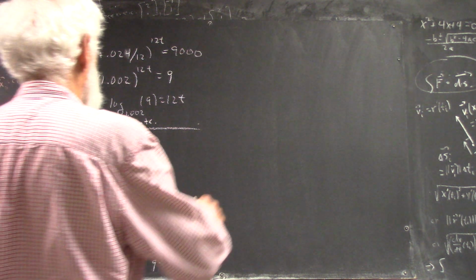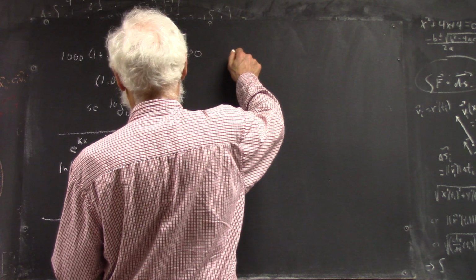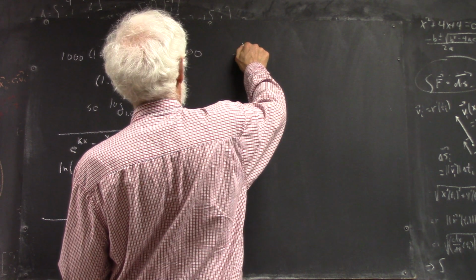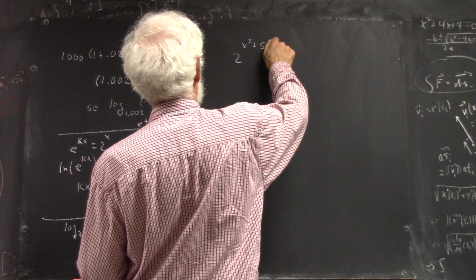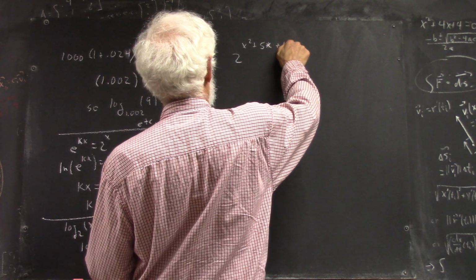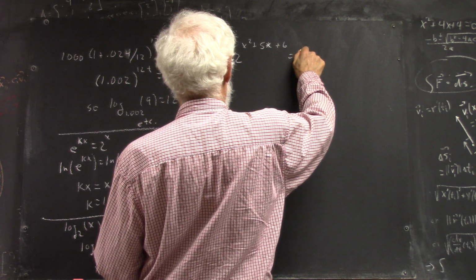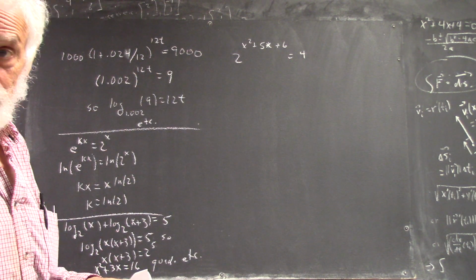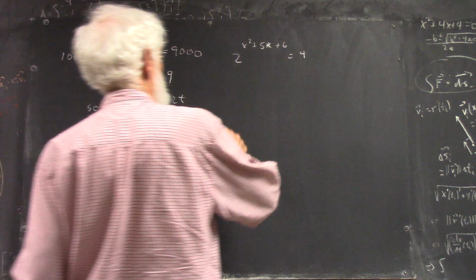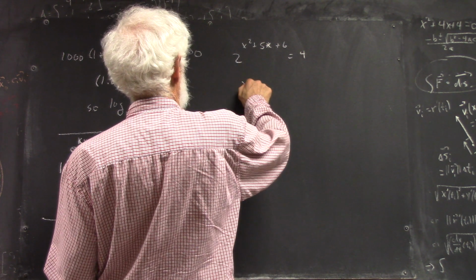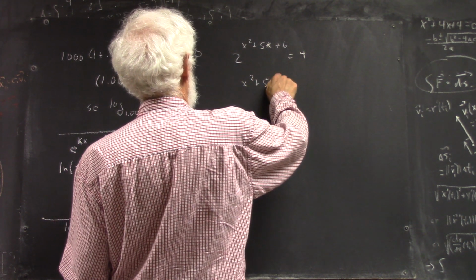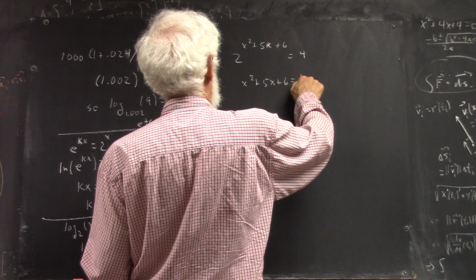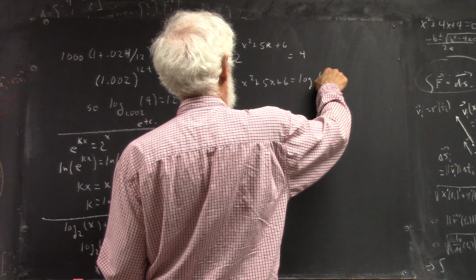And the last one is like 2 to the x squared plus 5x plus 6 equals 4. Okay? Which means x squared plus 5x plus 6 equals log base 2 of 4.